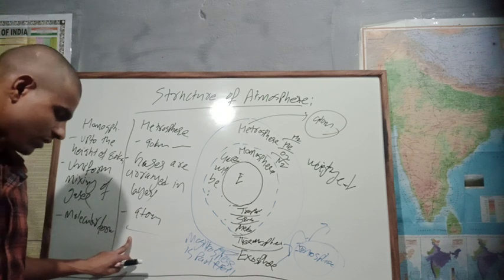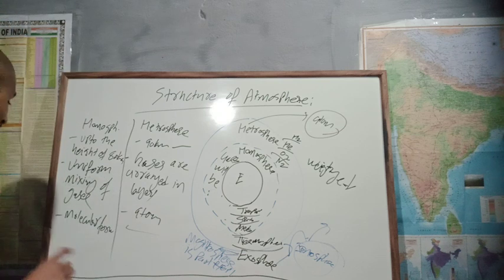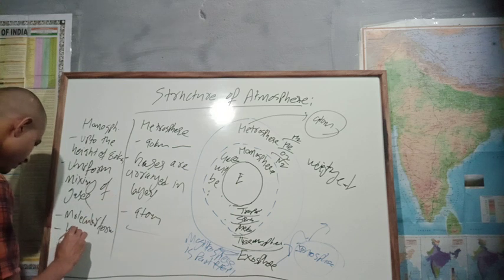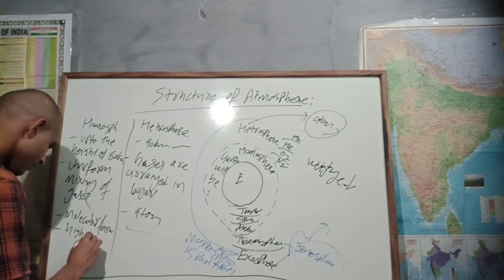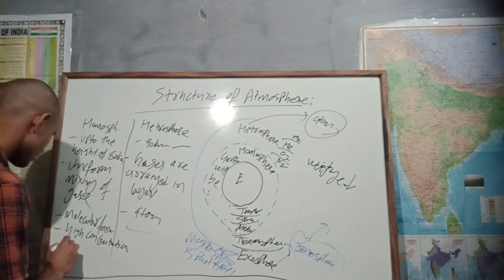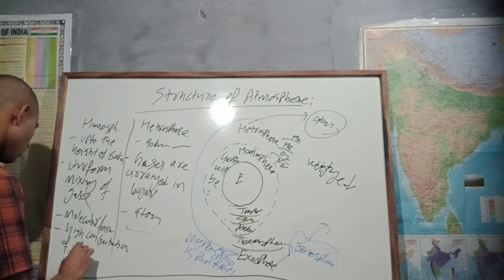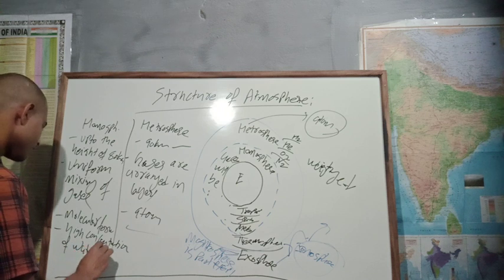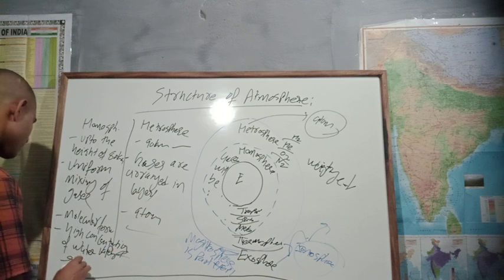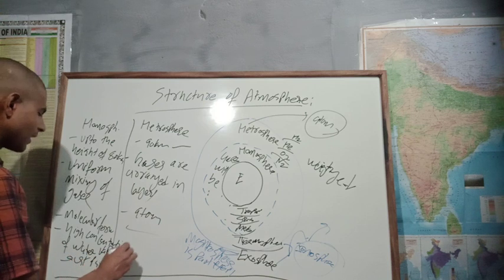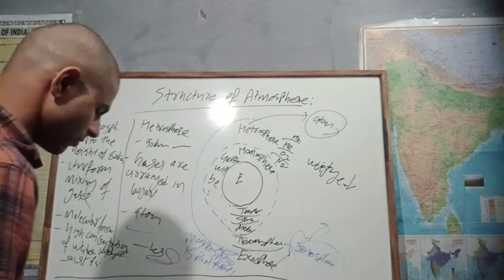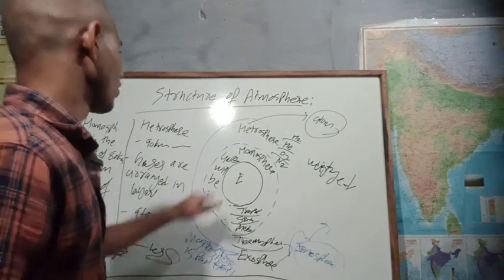So we can say there is a high concentration of water vapor and dust particles here, but there it is less. So this is the main difference between homosphere and heterosphere.